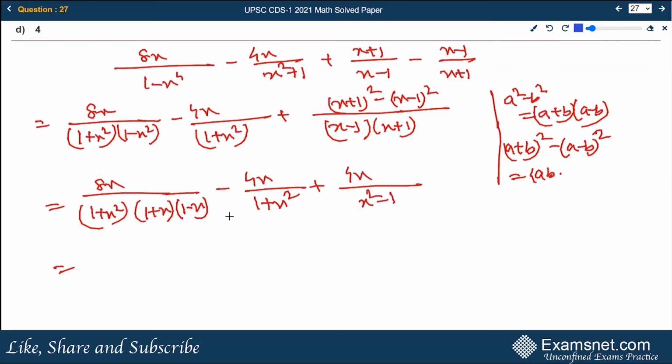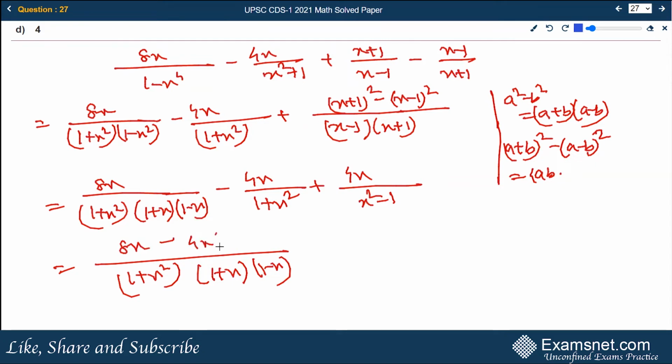Okay, so let's take the first two. So it will be 1 plus x square times 1 plus x times 1 minus x. So it is 8x minus 4x times 1 plus x times 1 minus x. Now plus 4x. Let's keep it this way.